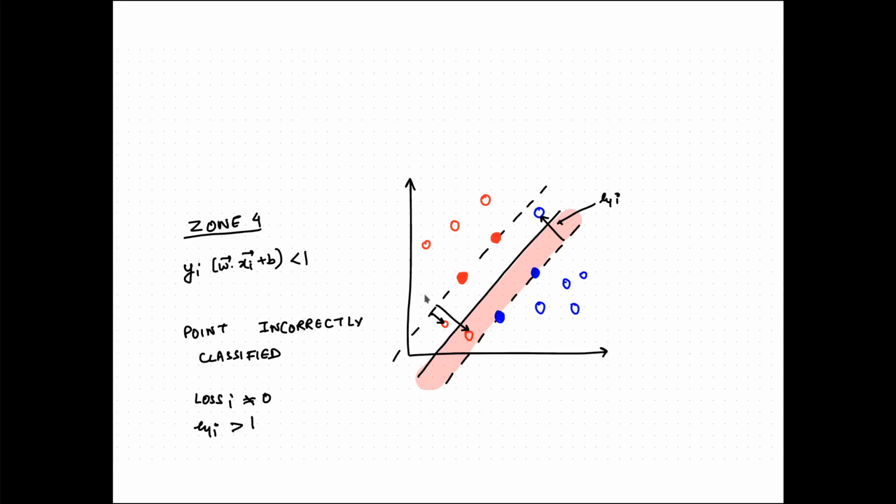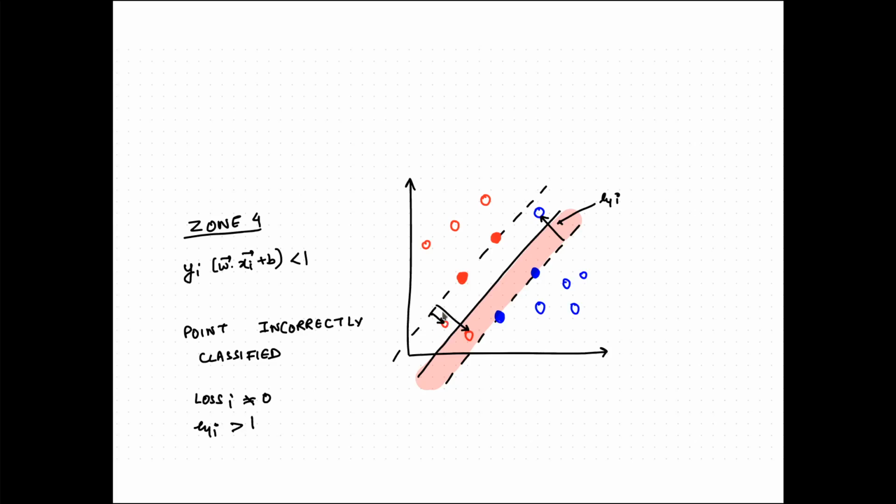And basically the penalty you want to put for this point in zone 4 should be higher than the penalty you put in zone 3. So what you're trying to say is that you penalize the points which are not on the right side of the margin in proportion to the distance from the margin, right?